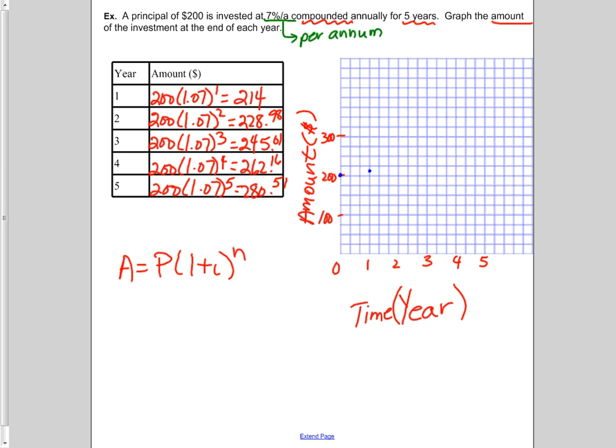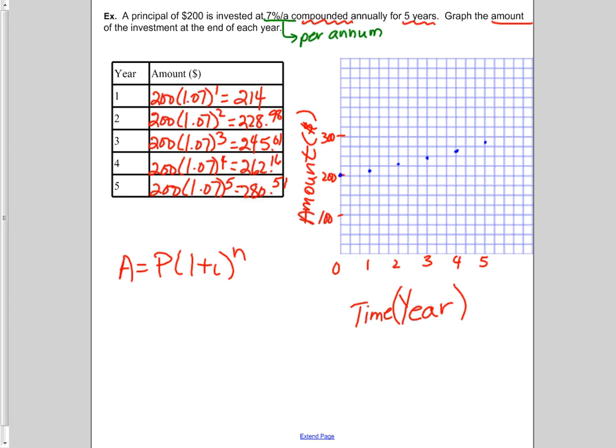Year 2, 228.98. So just passed. Year 3, 245.01. Year 4, 262.16. And year 5, 280.